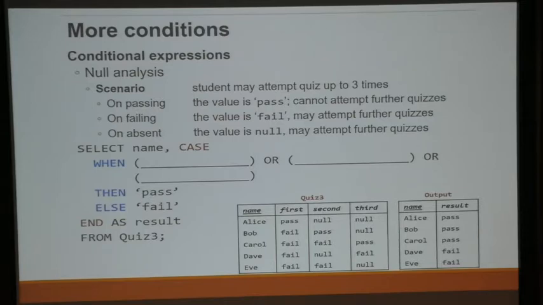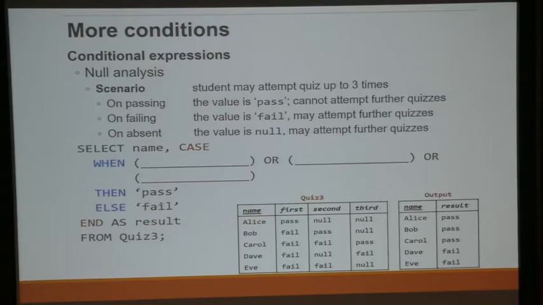If a student fails or is absent, we allow the student to have another try until at most 3 tries. What we want to get is the first pass from the left or from the right. Okay.